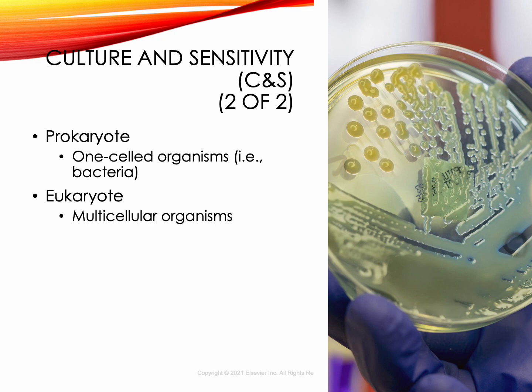So because of the prokaryotes' cell wall structure and their small ribosomes, antibiotics can be designed to target and bind to these specific structures. So now that we've reviewed some of the concepts of microbiology, we're going to discuss antimicrobial action.